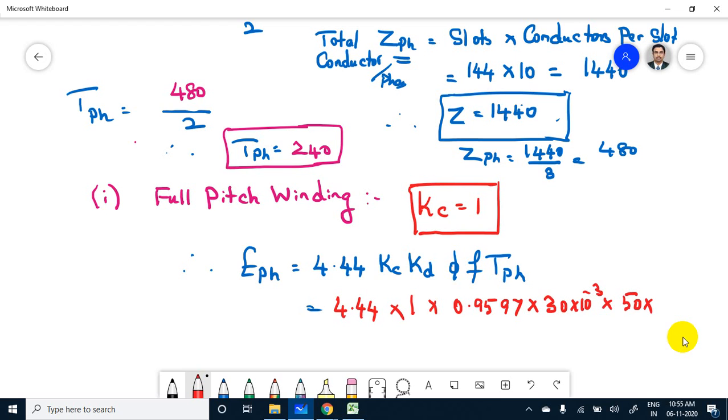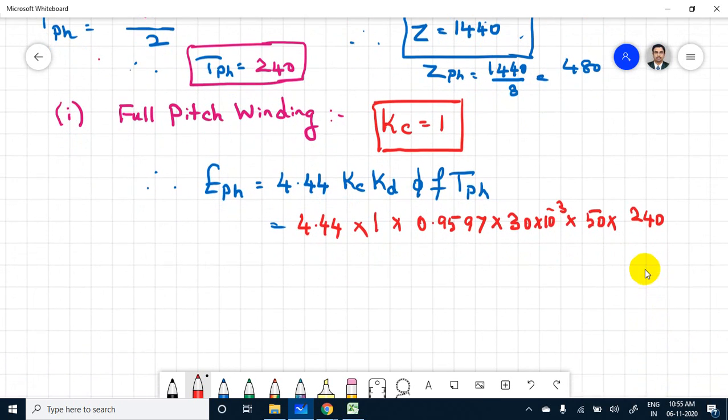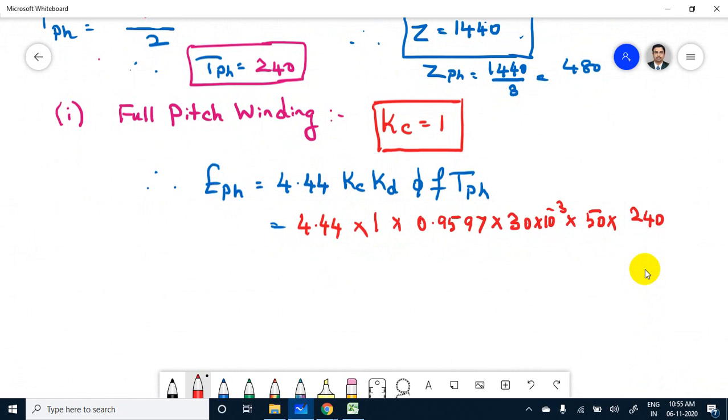Number of turns per phase will be 240. So what is the answer? 1533.9844. E phase is equal to 1533.98 volt.